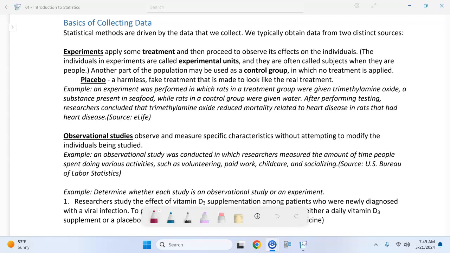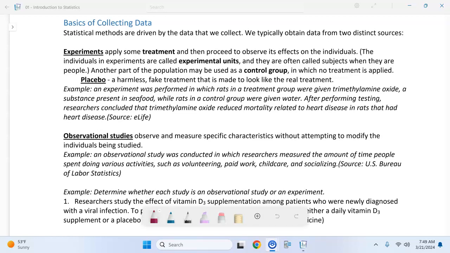So an example, we have an experiment performed on rats in which the treatment group was given a oxide, bonus point if you can pronounce that, a substance that's present in seafood, while rats in the control group were just given water. Okay? Water is not going to affect their day-to-day life, anything different. So that is the placebo.